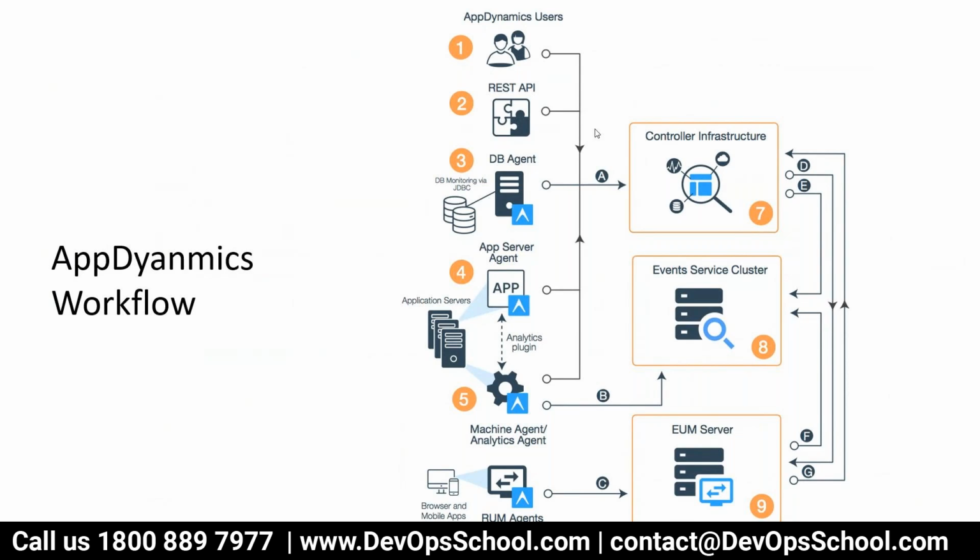There's one more agent that I did not discuss, the analytics agent, to monitor business transactions. The machine agent is free of cost, and the analytics agent is a paid service, actually. That's the problem. And then the RUM agent. The RUM agent is free. It is nothing but JavaScript code, and all of this is sent to the controller server, and then accordingly you manage this.